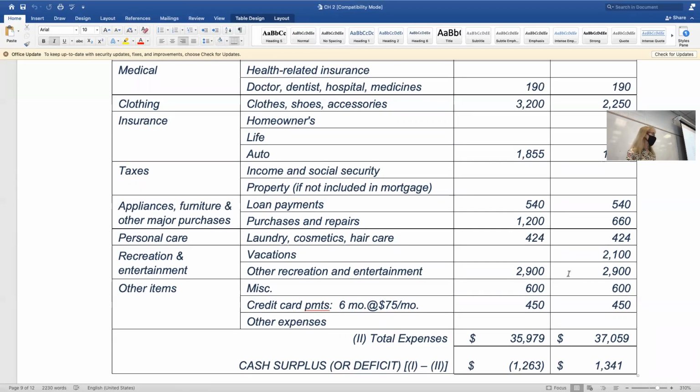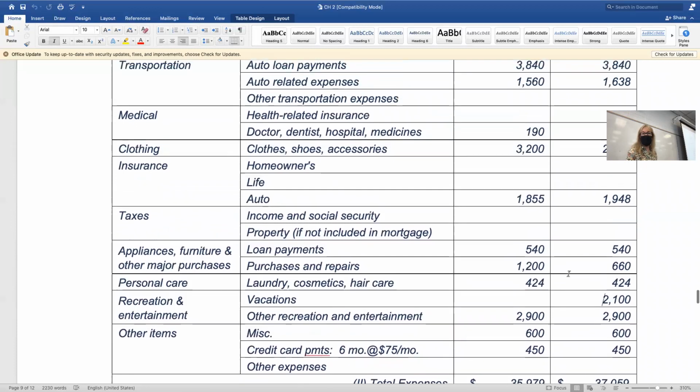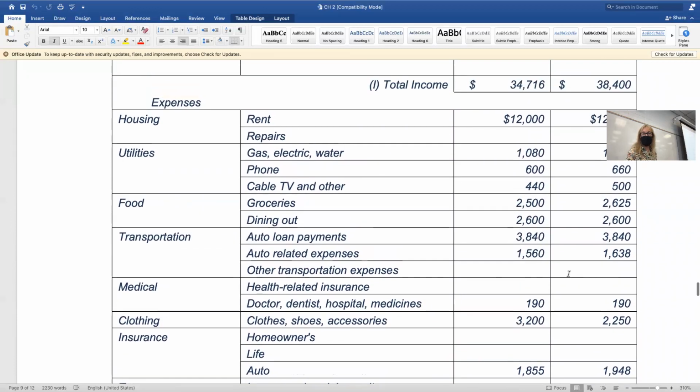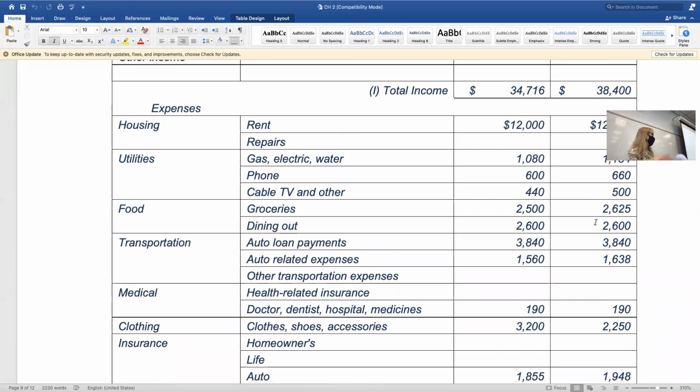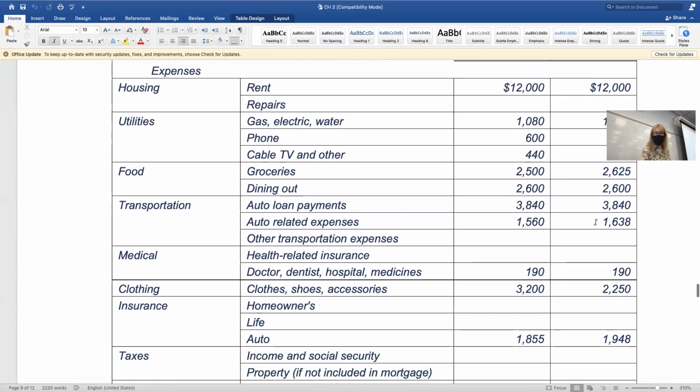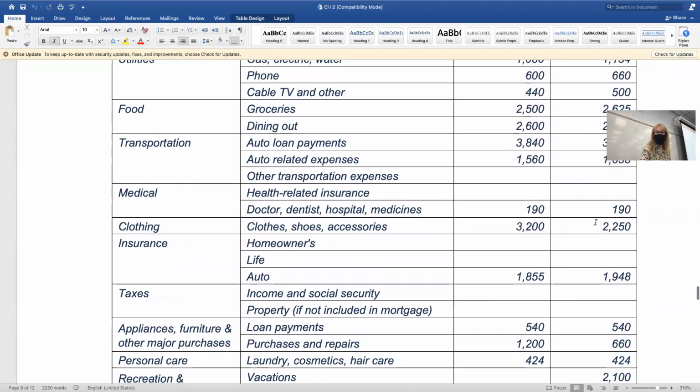And to me, this was the biggest red flag up here. Her dining out is as much as her groceries. So you could definitely cut out on the dining out. She does have a lot of extra stuff in here that's not necessary, for sure. And then the clothing too, that seemed high.